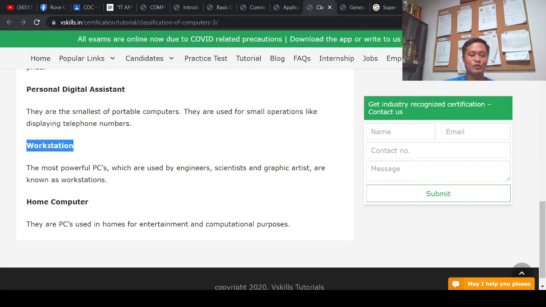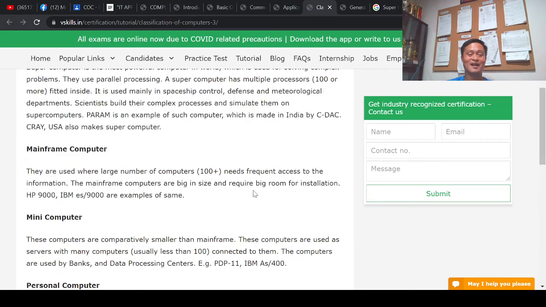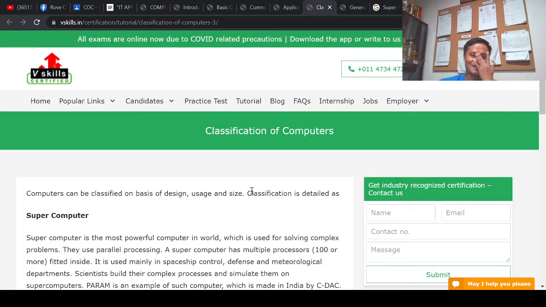And then we also have the workstation for networking. The most powerful PCs, which are used by engineers, scientists, and graphics artists, are known as workstations. And the last one is the home computer. It's still a PC for entertainment and computational purposes.